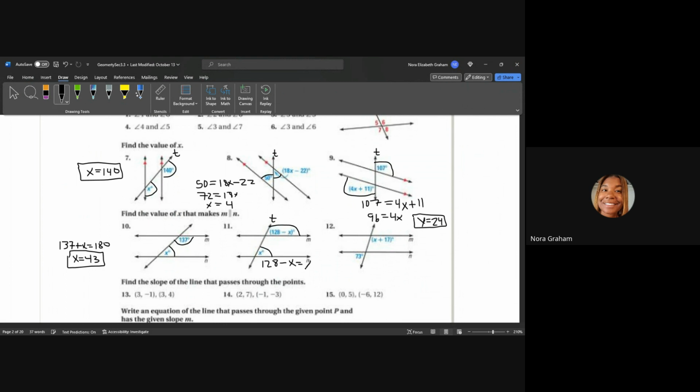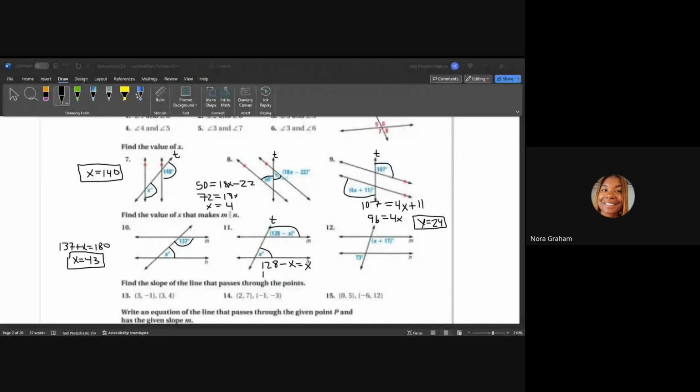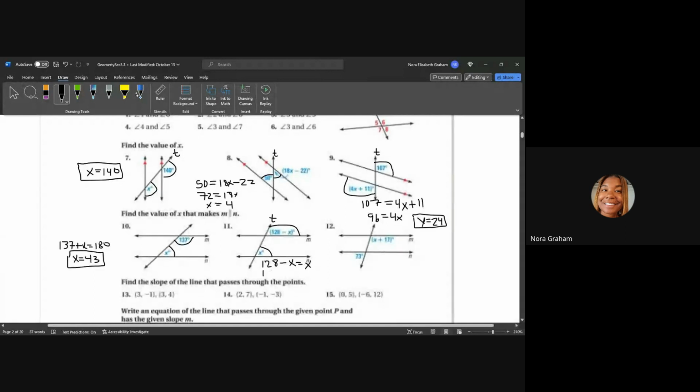I'm going to add that x to both sides. When I add that x to both sides, I'm going to get 128 equals 2x. I divide 128 by 2, and that's going to give me x equals 64.